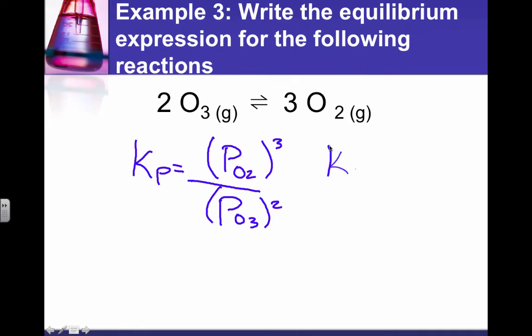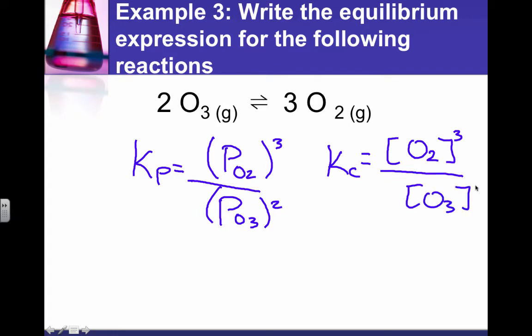If we were writing a Kc, suppose that in our problem we were given molarities, then we would have to put the molar concentration of oxygen over the molar concentration of ozone. Pay attention to your problem and the values that you're given. If you're given molar concentrations, use brackets. If you're given atmospheres or kilopascals, then we'll be using pressures. So just pay attention to your problem.